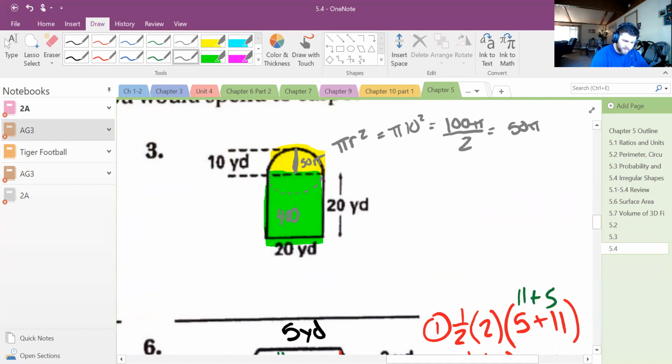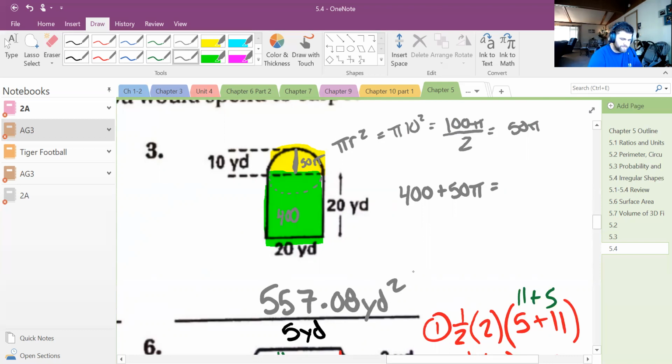So all we got to do to find the total is add up the two pieces, 400 plus 50 pi. Remember, you can use 3.14 for pi. So 400 plus 50 pi is going to be 557.08. Doesn't matter too much. Yards squared.